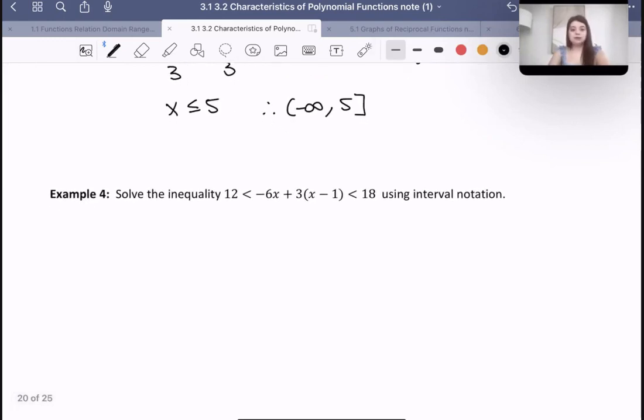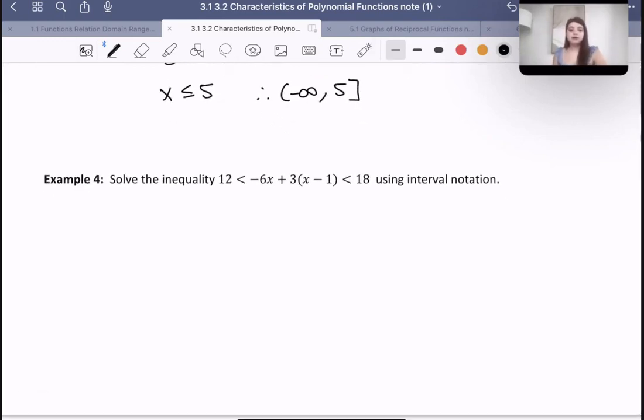Example 4 says, solve the inequality. 12 is less than negative 6x plus 3x minus 1 is less than 18. So first of all, I'm going to simplify our middle term before I even get going on this. So 12 is less than negative 6x plus 3x minus 3, which is less than 18.